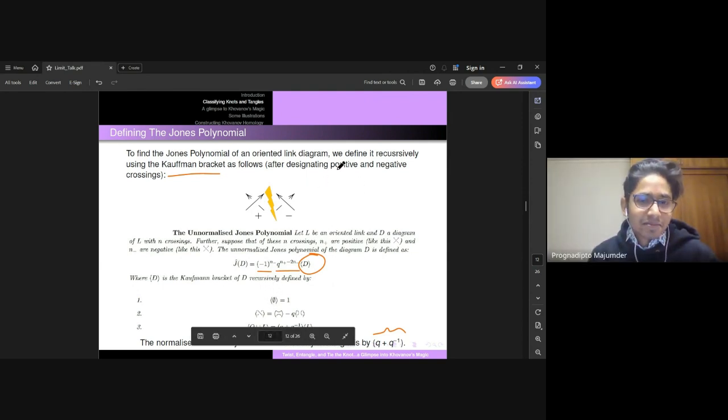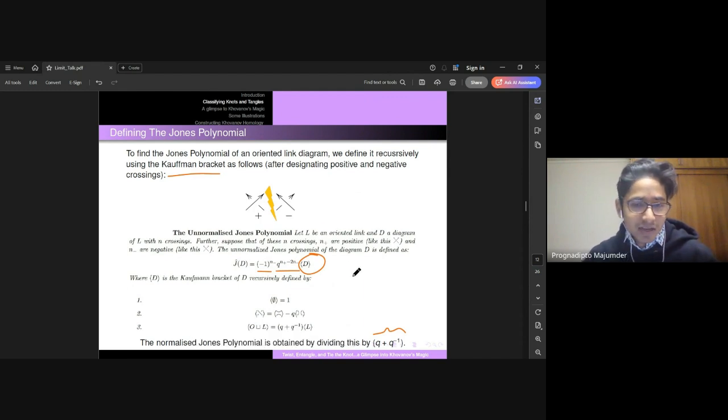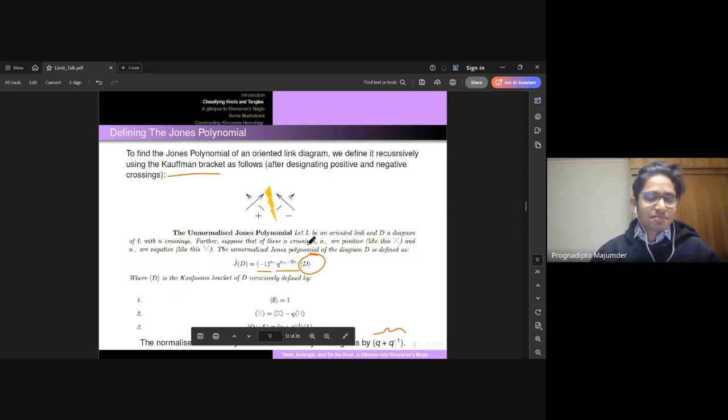It's just a name: normalized Jones polynomial and unnormalized. It was history. Jones defined this polynomial in some way, and Louis Kauffman came and saw that this is a better and easier way to compute. The most natural thing gives you a polynomial that differs by some constant factor. Just that.